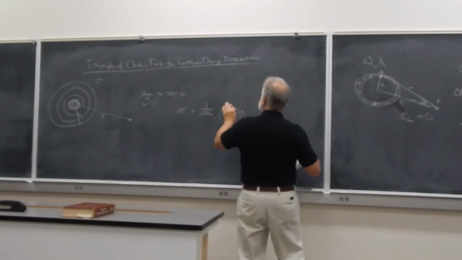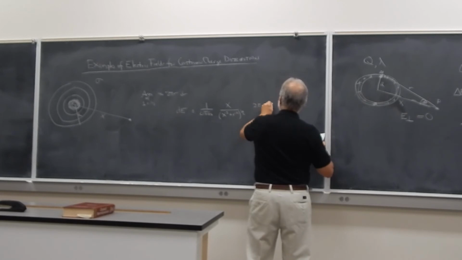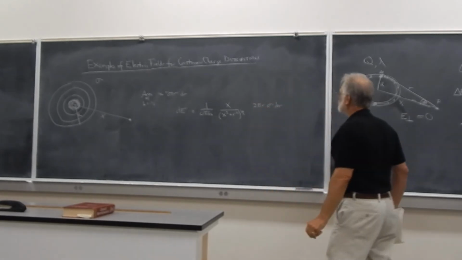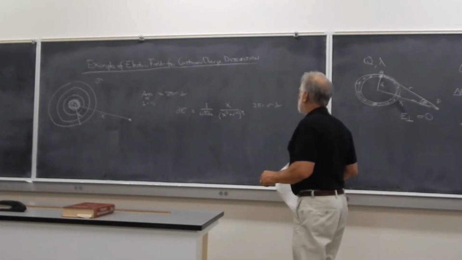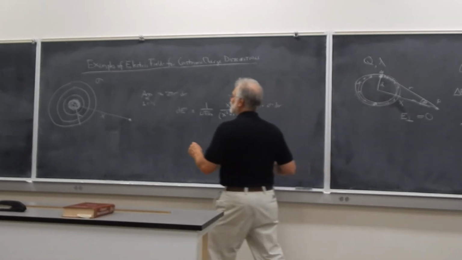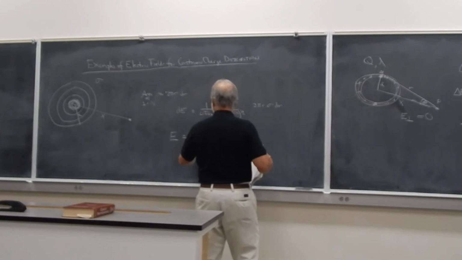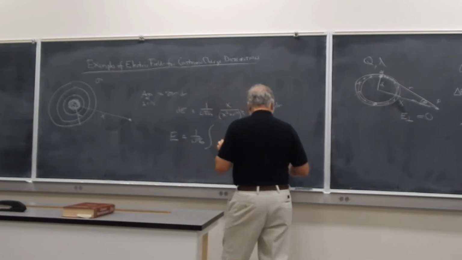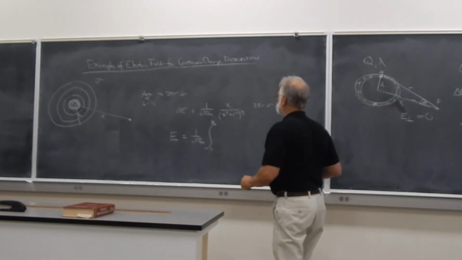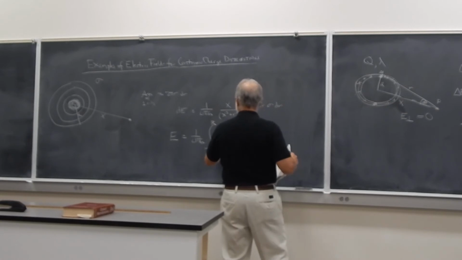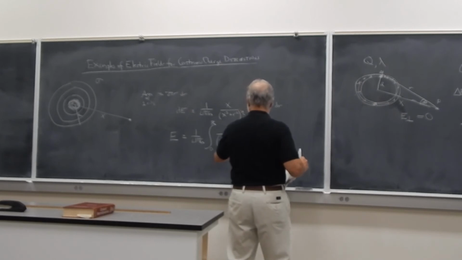To the 3/2 times the area element 2 pi r times sigma dr. And if I want to find the total electric field due to the disk, E is just going to be 1 over 4 pi epsilon naught times the integral from 0 to the entire radius of the disk, capital R, x over x squared plus little r squared to the 3/2.